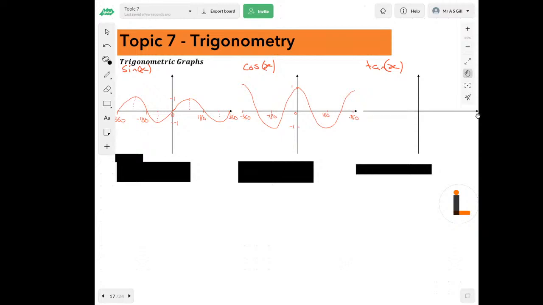And then finally, we've got tan x, and tan x is slightly more complicated. So we're going to start at 0 and go up like this, and then we're going to draw an asymptote here. This is at 90 degrees.